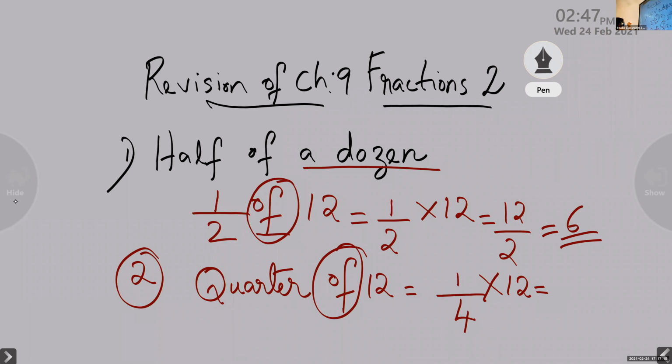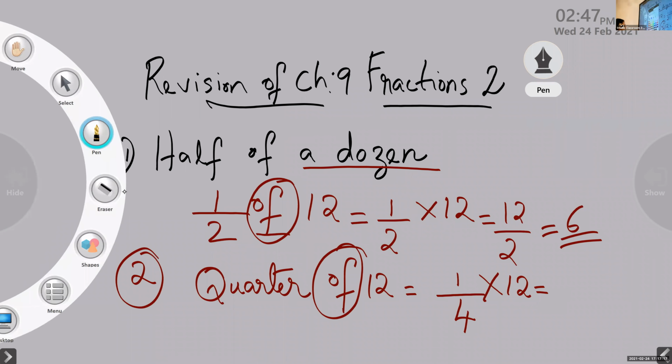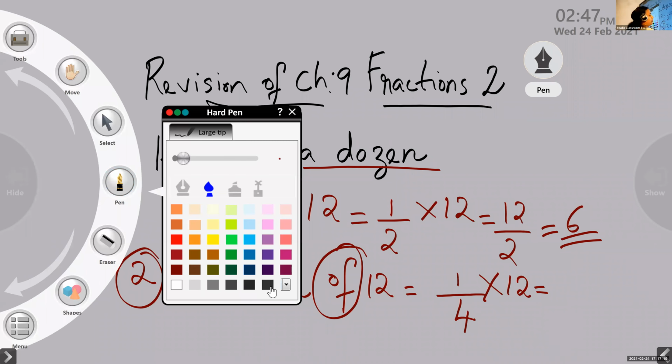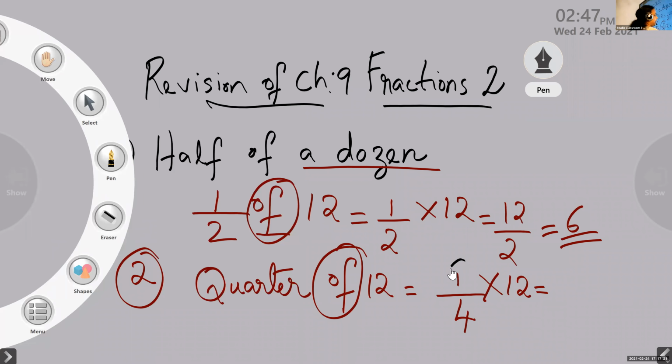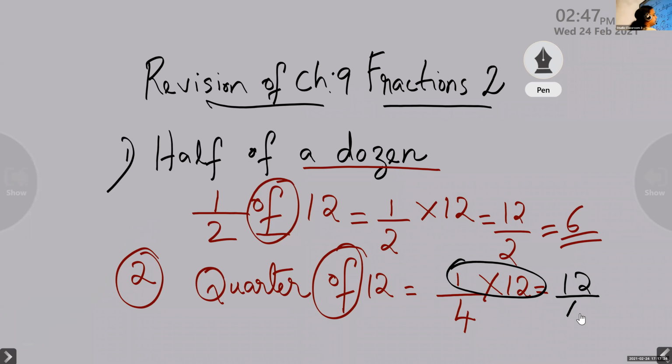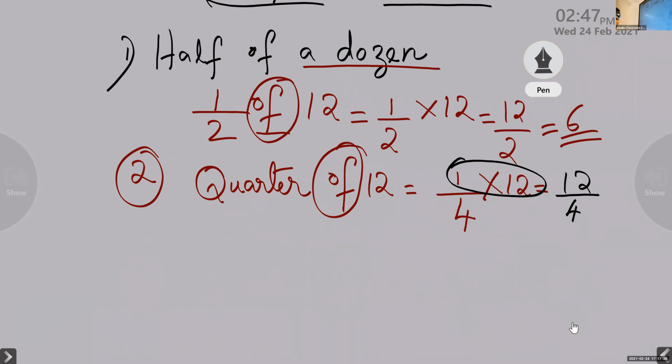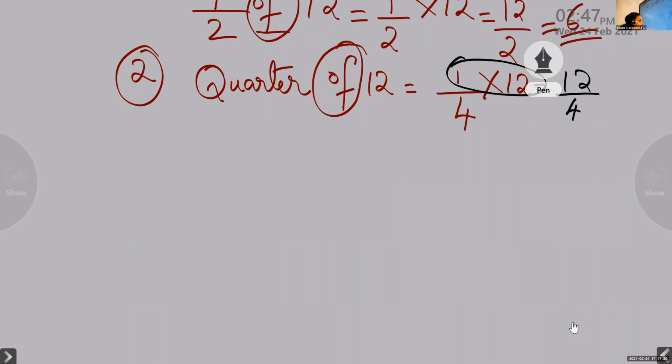So find out the answer. 12 into 1, we will multiply, 12 divided by 4. What is 12 divided by 4?